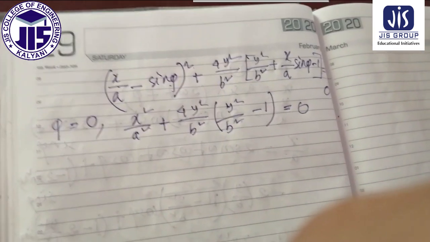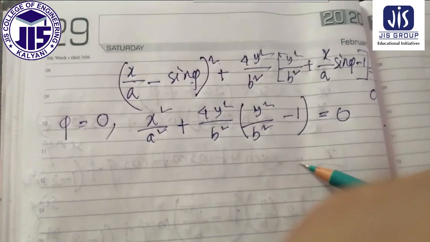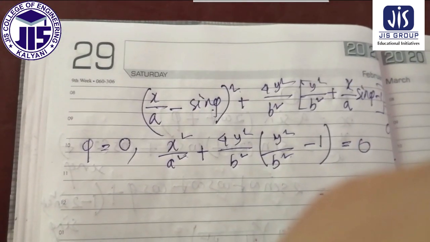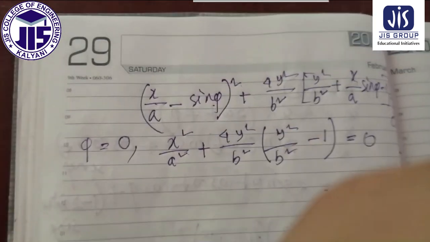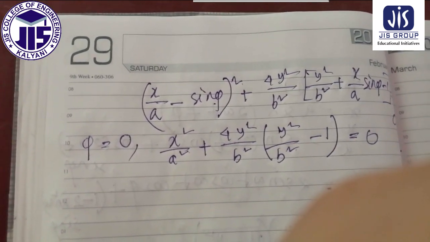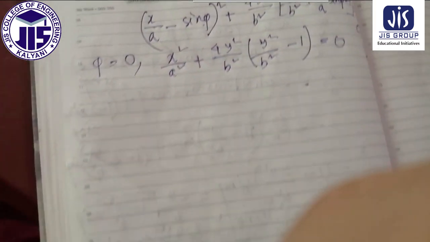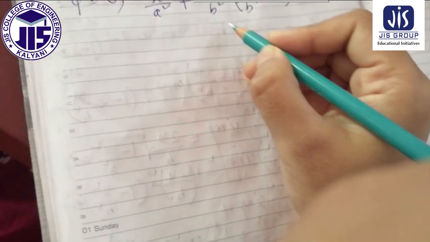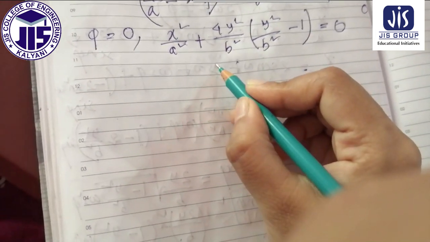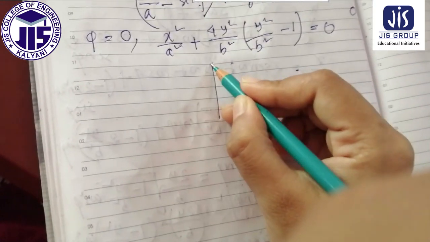So this is not a known equation actually. This equation will give us a curve. Okay, that curve I will show you, how it actually looks. If we plot it, then we can get a figure like this.